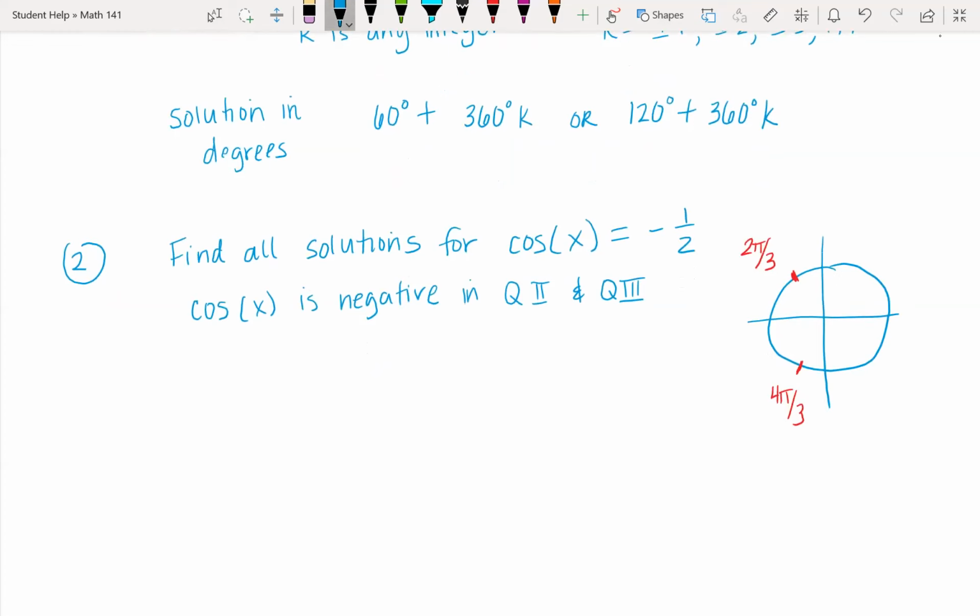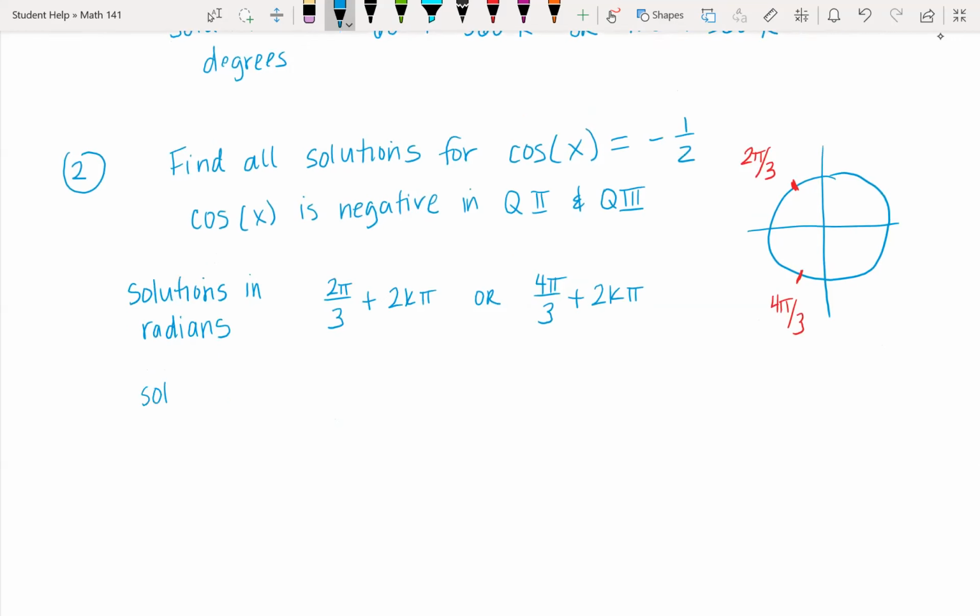So our solutions in radians are going to be 2 pi over 3 plus 2k pi, or 4 pi over 3 plus 2k pi.